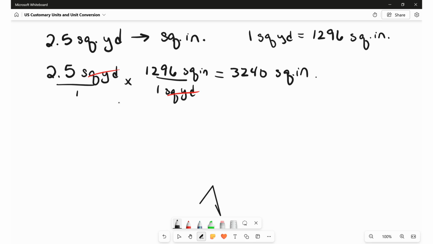I forgot a zero here because we want this to have 3 significant figures. And you can do the same thing with cubic units. It works the same way.